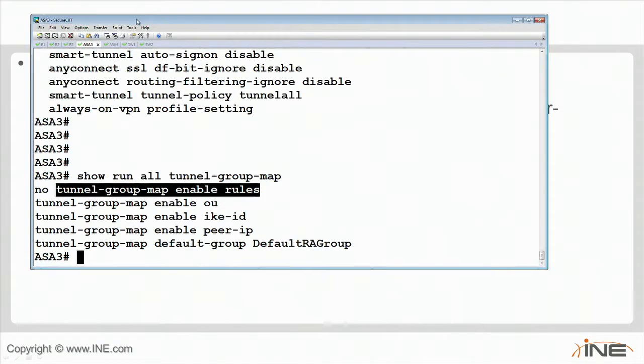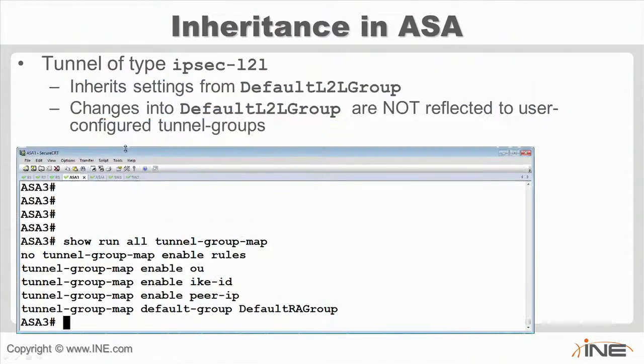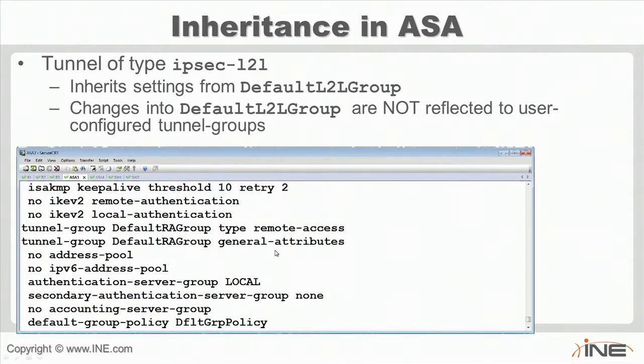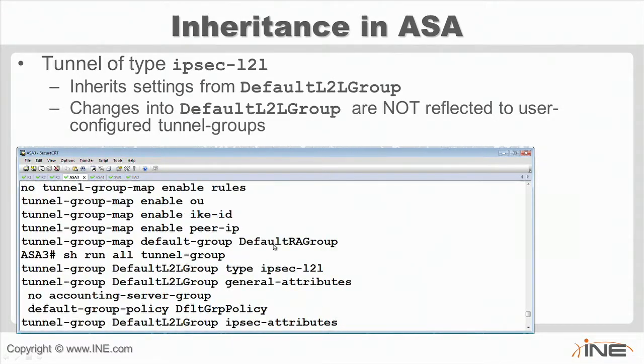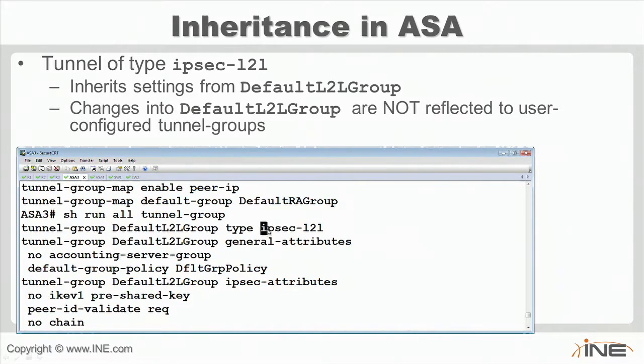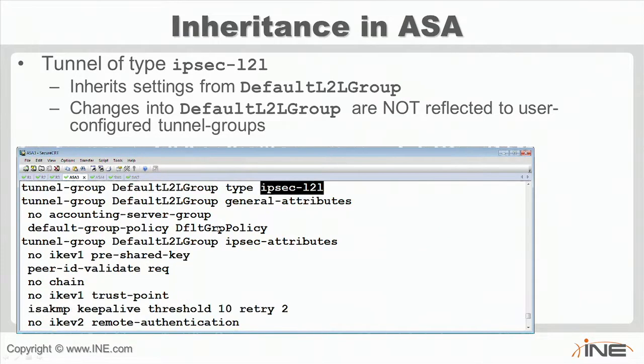So if we look back at the CLI for a second here and go back to the show run all tunnel-group, and we see we have the default, let me scroll up here, we have the default IPsec LAN to LAN group, and let's say for example the pre-shared key. Okay, it says there's no default IKEv1 pre-shared key, which would be if our ISAKMP policy says do pre-shared authentication, then we check the tunnel group to figure out what's the actual password that you want to use.